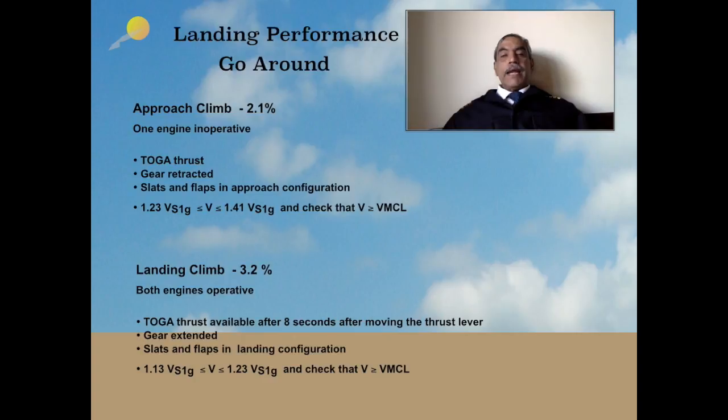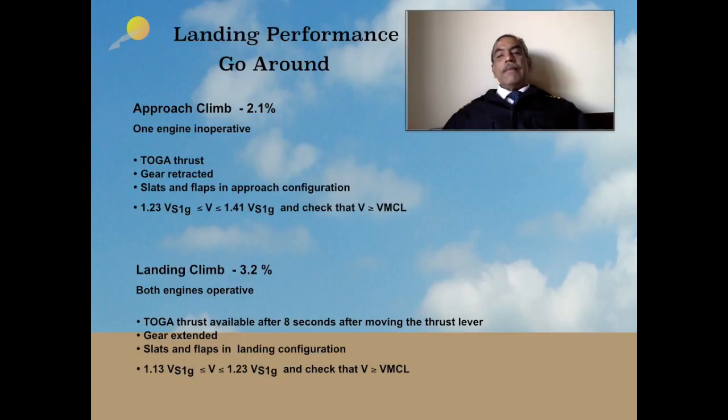The gear has to be retracted, and slat flaps in approach configuration, and 1.23 VS1G is less than the actual speed, which is less than 1.41 VS1G, and check that the V is greater than VMCL.